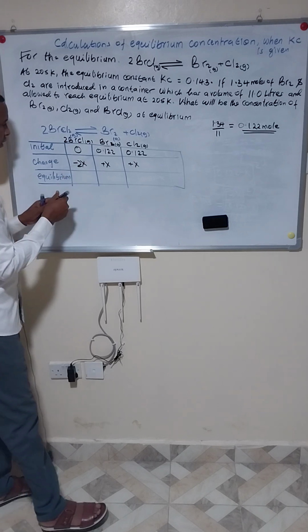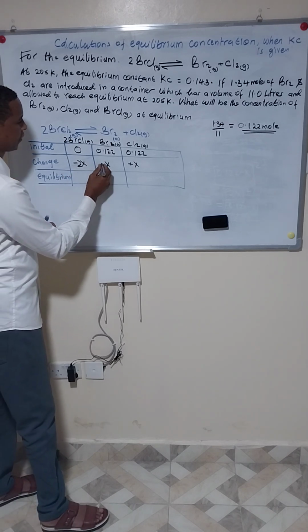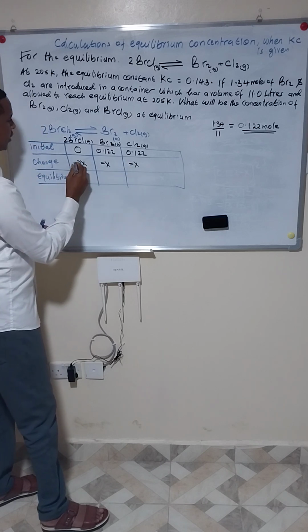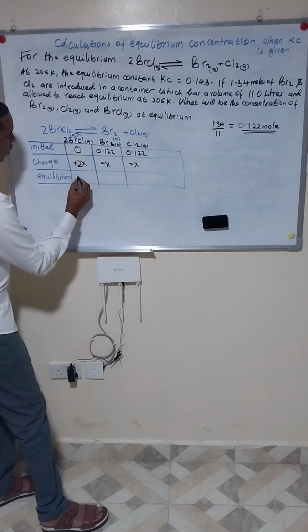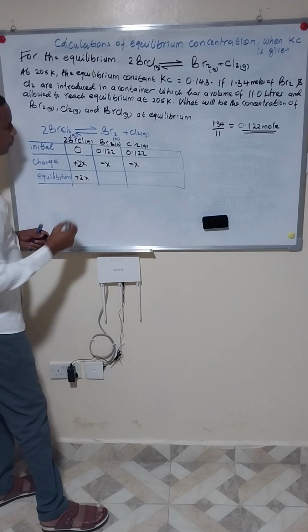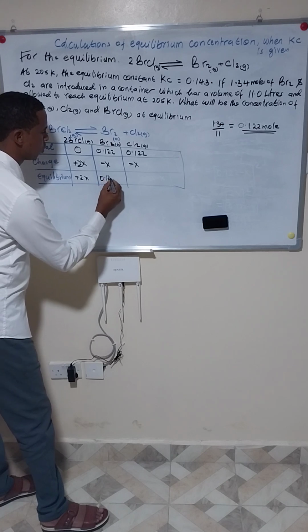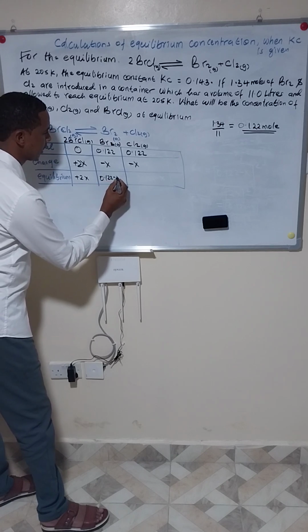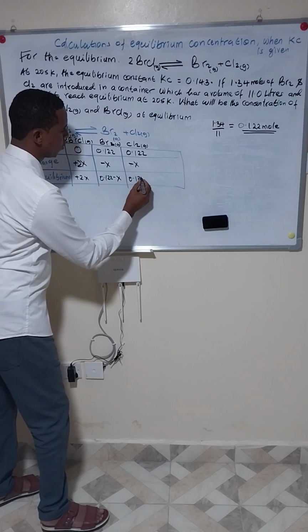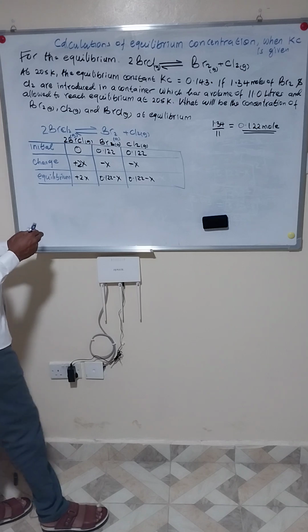Sorry, this one is negative and this one is positive. So the equilibrium will be plus 2x, and then 0.122 minus x and 0.122 minus x.